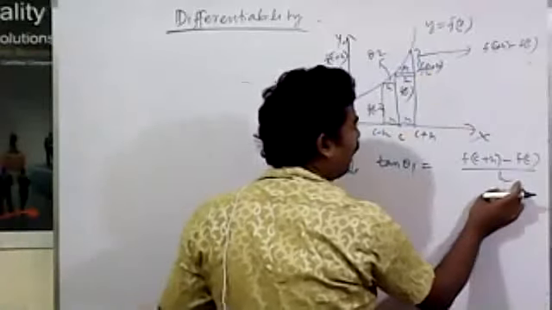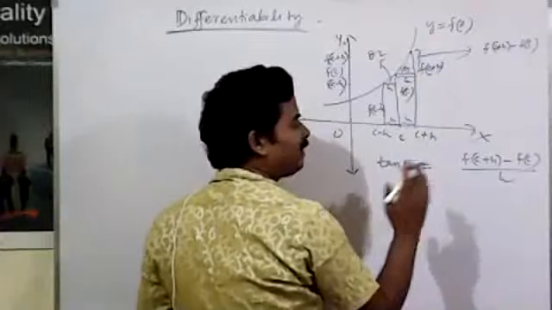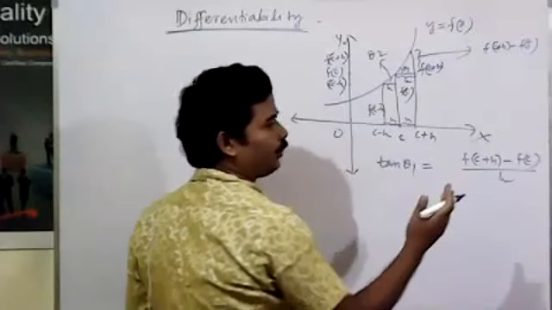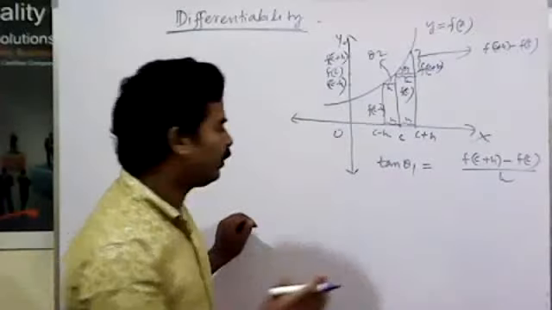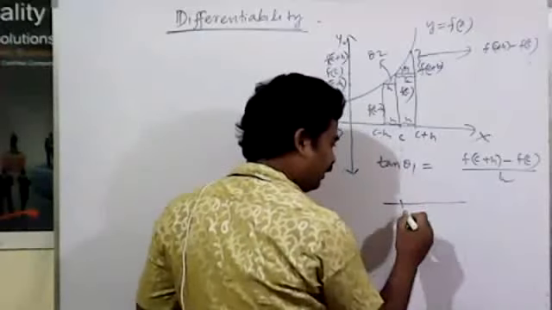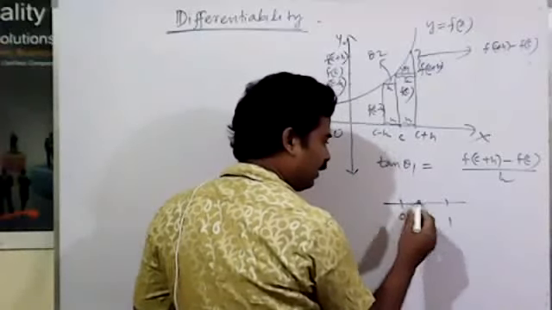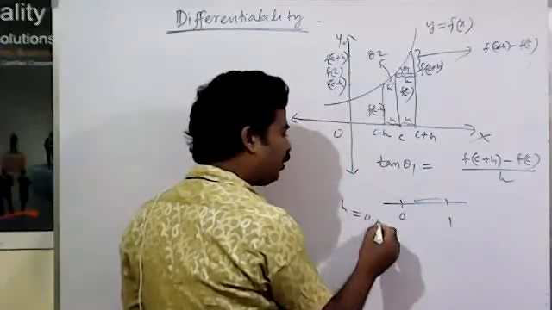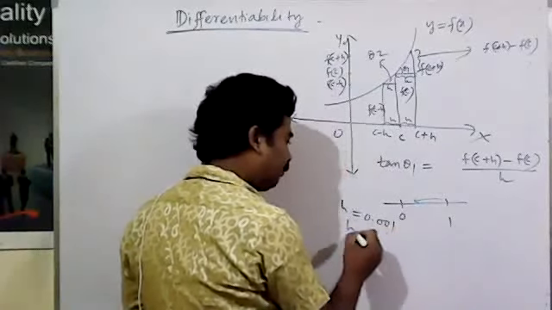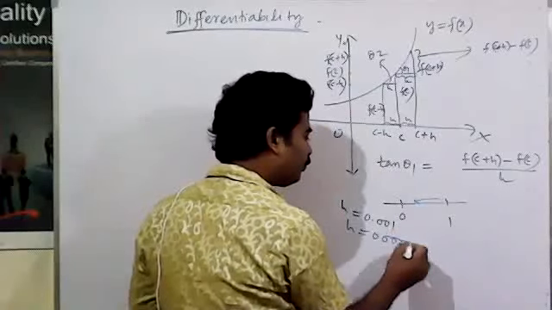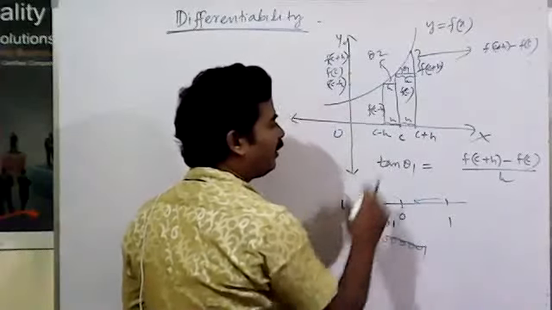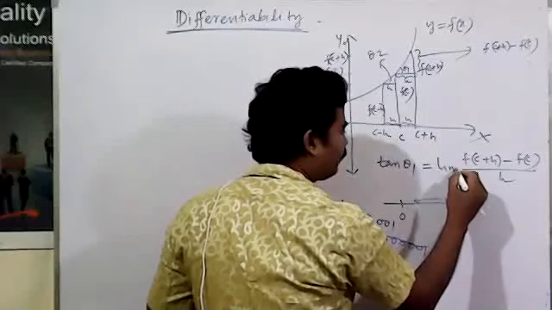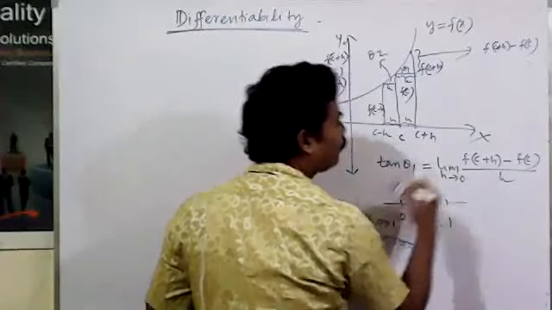Here h tends to 0, meaning h is nearer to 0. It may be 0.001, or 0.00001, whatever. That's why we have to take the limit h tends to 0.